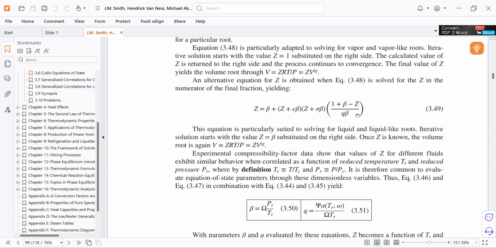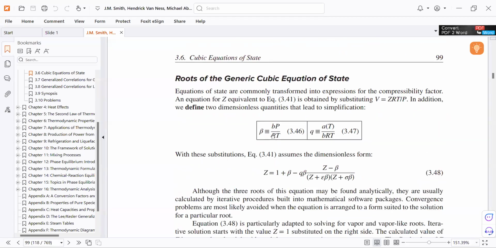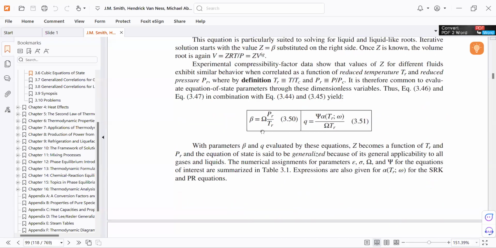So we have a beta in terms of BP over RT, but we also have a beta in terms of TR, and we have Q in terms of psi, alpha as a function of TR and acentric factor. So you can also use those two equations to solve the vapor and liquid-like.